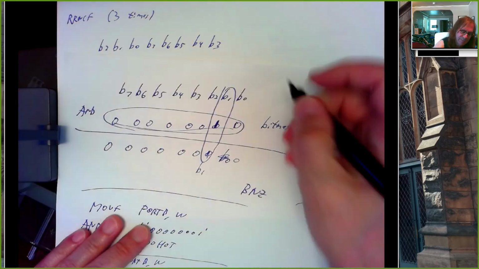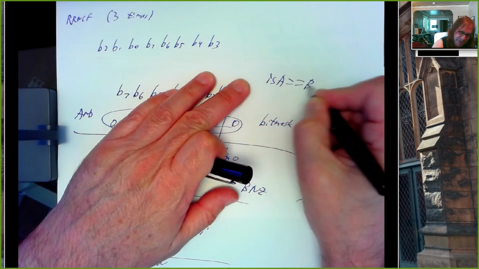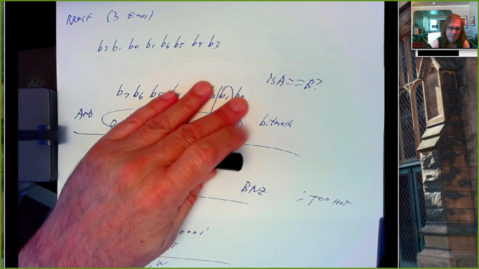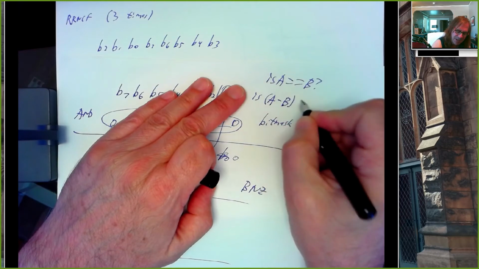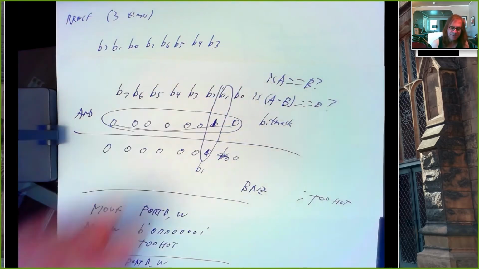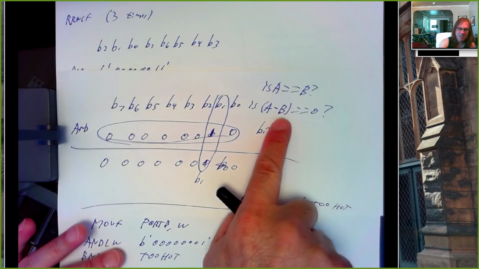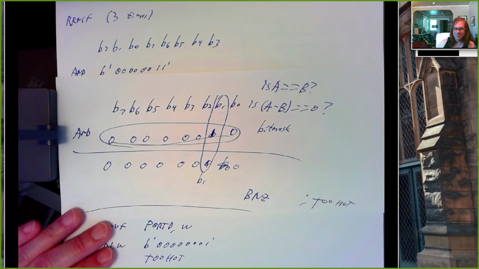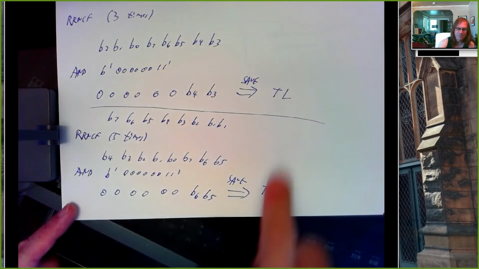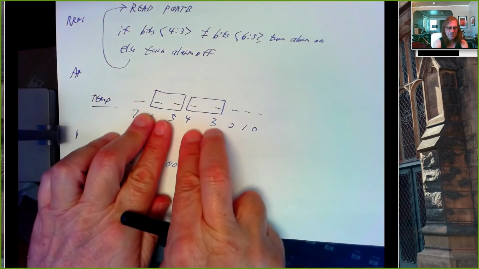If you want to know if A is equal to B, a similar question is, is A minus B equal to 0? So we could take temperature left, subtract temperature right, and then say branch if 0. And if the result is 0, we know these 2 temperatures were the same. In other words, these 2 bit patterns were identical.